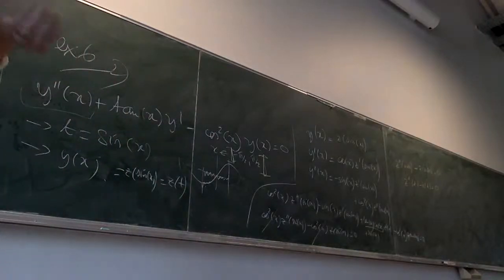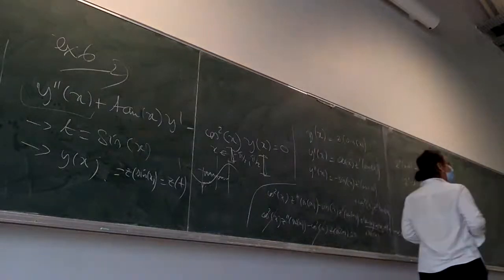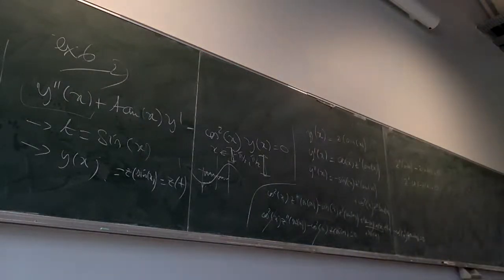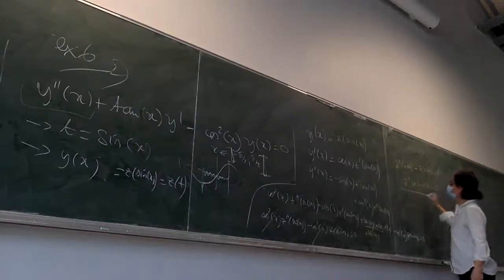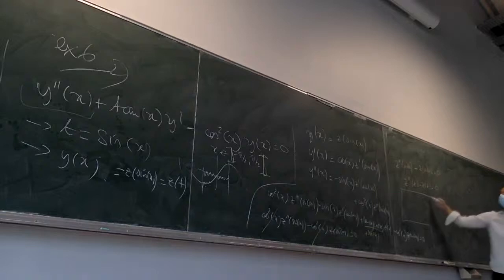Okay, so now I just have to solve this equation in z, and then we will go back to the original variable. Right, so how do I solve this kind of equation? Order 2, constant coefficient, homogeneous.